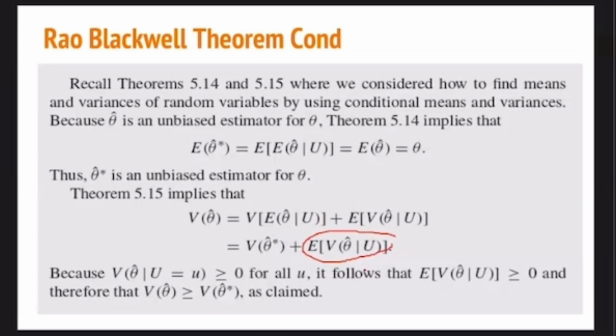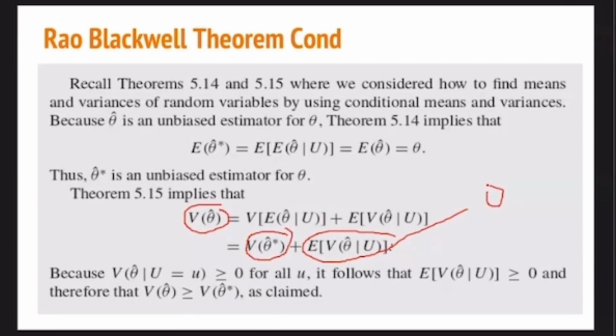Because of that, you can now see that this is going to be equal to the variance of the estimator if this guy equals 0, or if that guy is greater than 0, then the variance of the estimator will be greater than the variance of a function of the sufficient statistic.